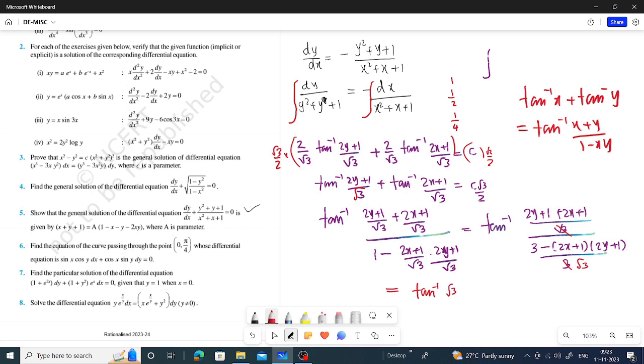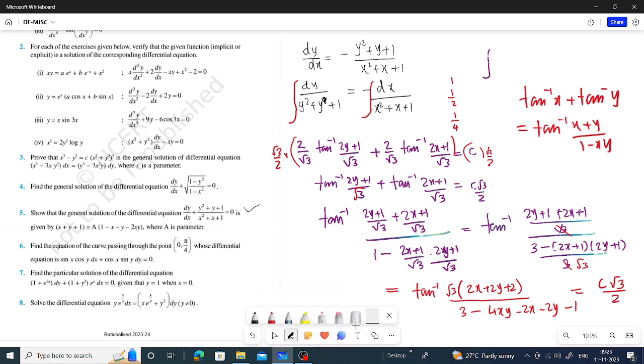Root 3 into 2x plus 2y plus 2 on the top, divided by what happens here, you see 3 minus 4xy, I expand it, 2x into 2y, 2x minus 2y, we expand the bracket, minus 1. Okay, this is equal to c root 3 by 2.